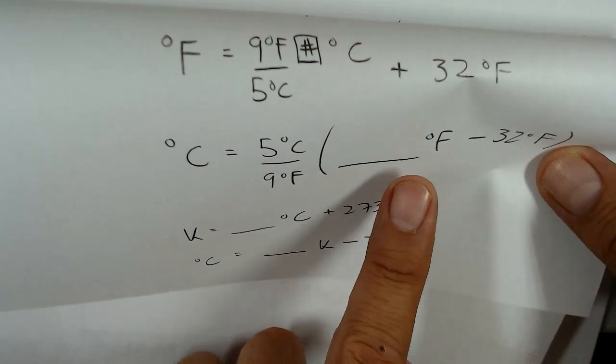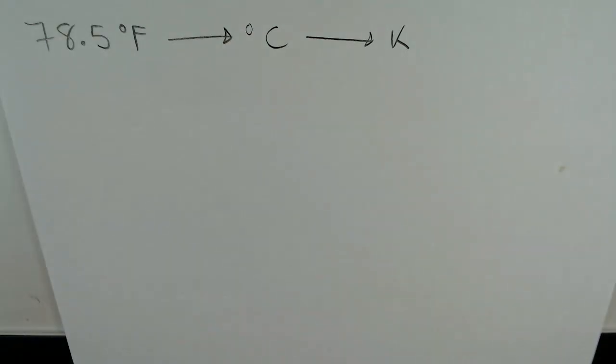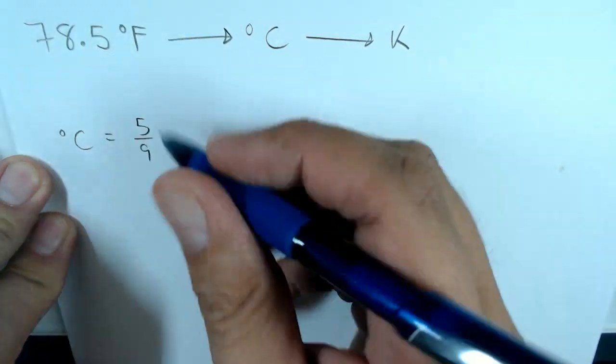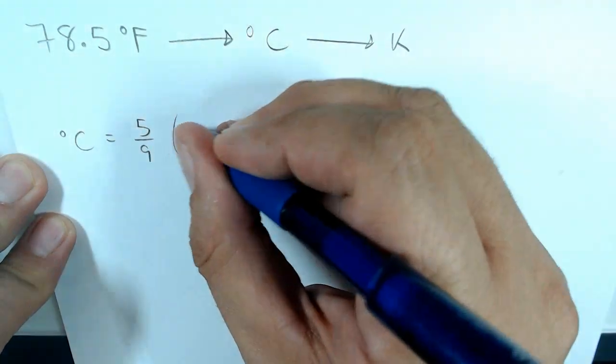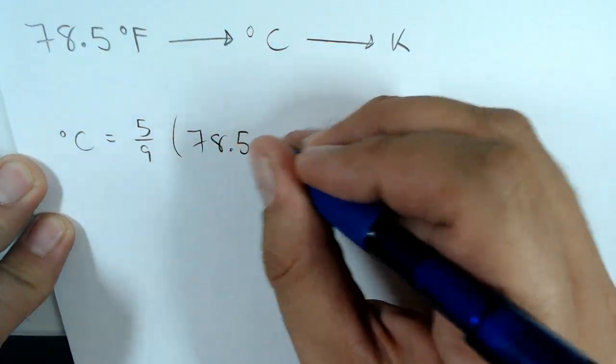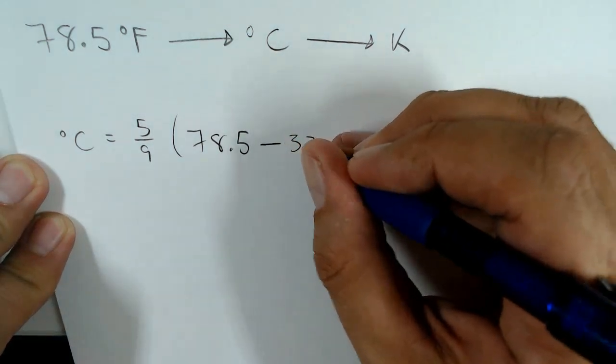We were given degree F, and that's the number we're going to plug in. That's important because you need to account for the offset first. So we're going to have 5 over 9. I'm going to drop the units for the sake of simplicity. And we have 78.5 minus 32.